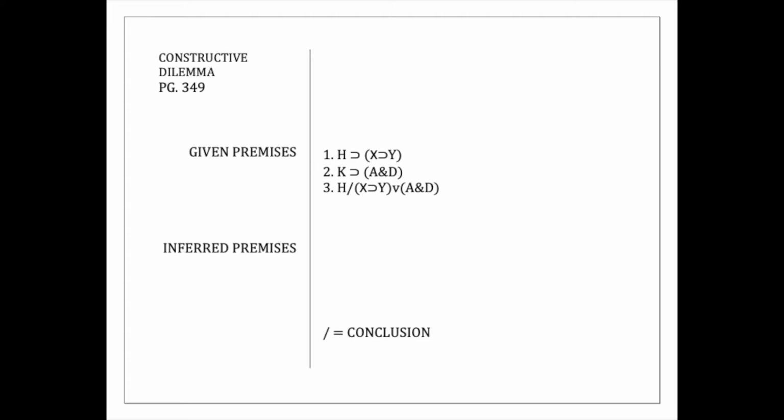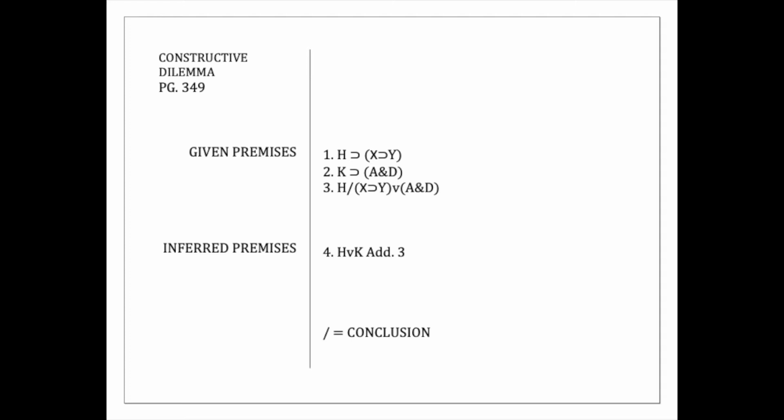Okay, this one seems a little complicated, but once we find the constructive dilemma rule in action, we can put it all together. First question you ask yourself, what can you infer? Well, because there is an h by itself, we can infer h or k based on the addition rule, premise 3. Given h in premise 3, you can infer a disjunction with any sentence as the second disjunct. You'll want to pick k. H is the antecedent of the conditional in premise 1, and k is the antecedent of the conditional in premise 2.